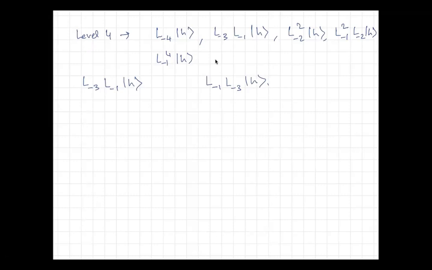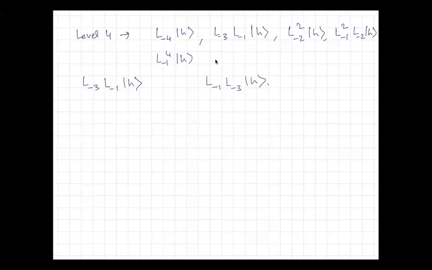So you are seeing that I'm writing L minus 3, L minus 1 acting on H, but I do not write L minus 1, L minus 3 acting on H, because these two are clearly just related, right?